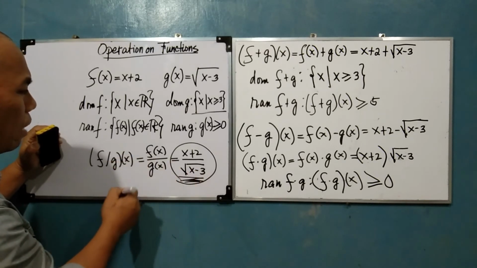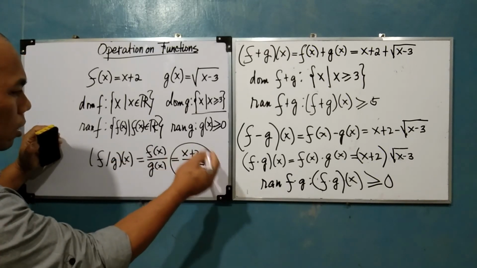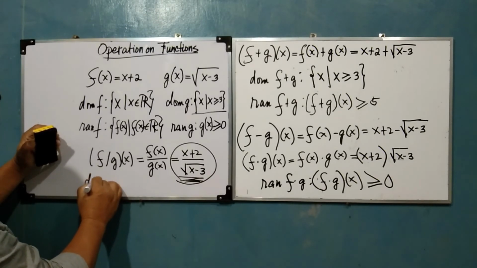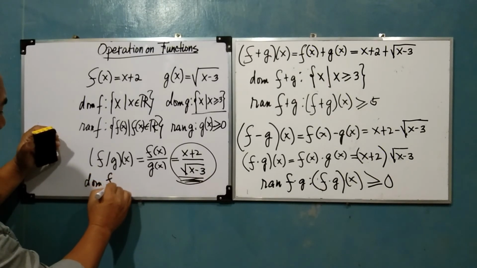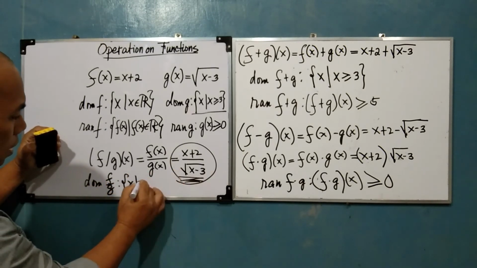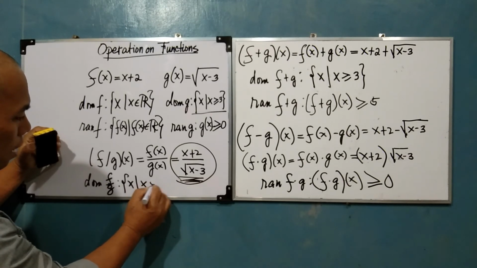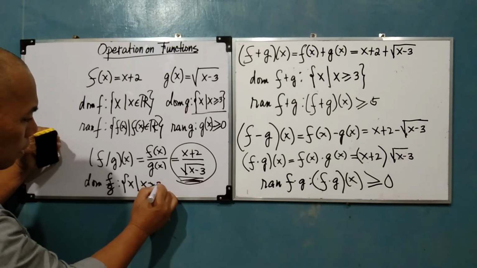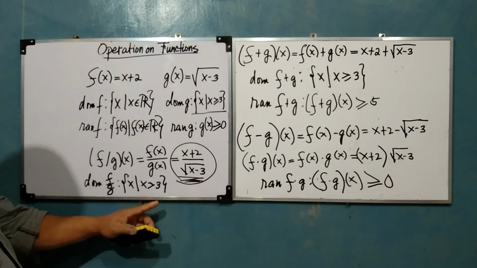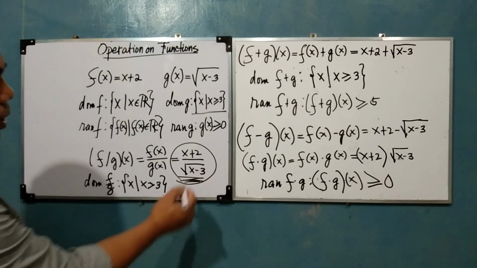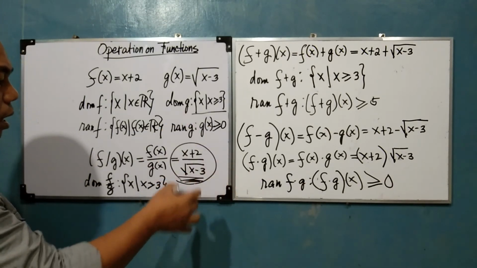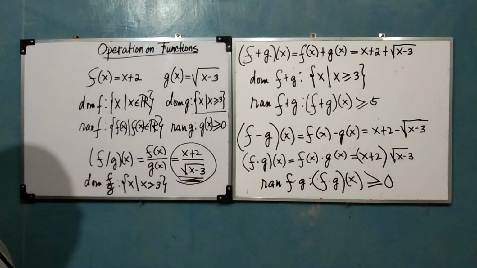Therefore, our domain for the quotient, dom of f over g, is the set of all x such that x is greater than 3. So we no longer include 3, only the numbers greater than 3, because when x is equal to 3, this is 0, and division by 0 is undefined.